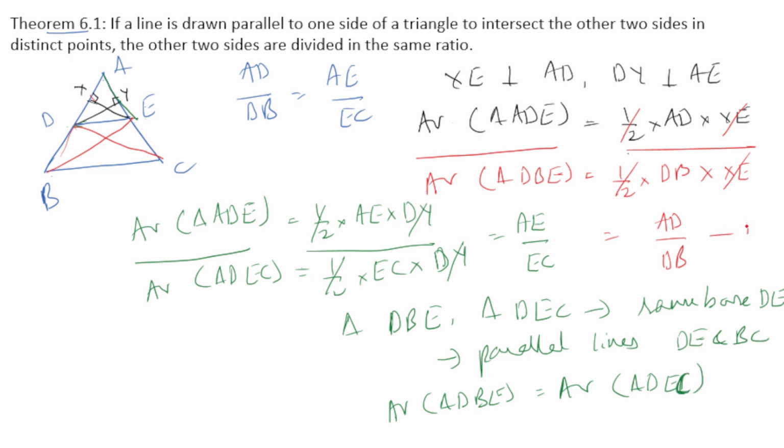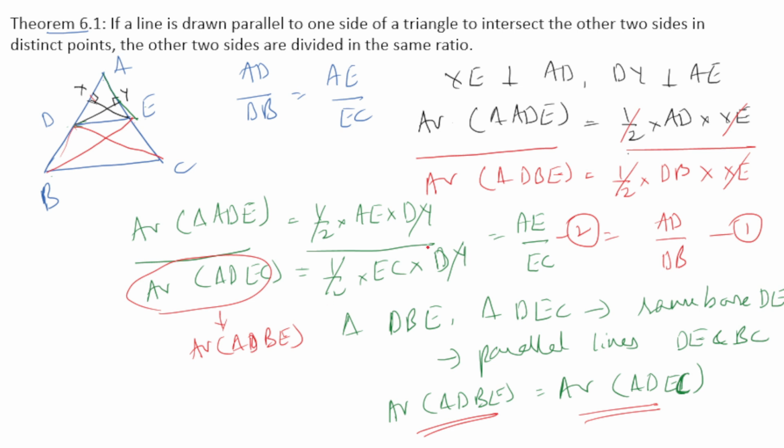We will take this one as the first equation and this one as the second equation. The area of triangle DBE is equal to the area of triangle DEC. So here we will take the area of triangle DEC equal to the area of triangle DBE. From the first and second equations we have the area of triangle ADE divided by the area of triangle DBE, and we have the same in the second equation.